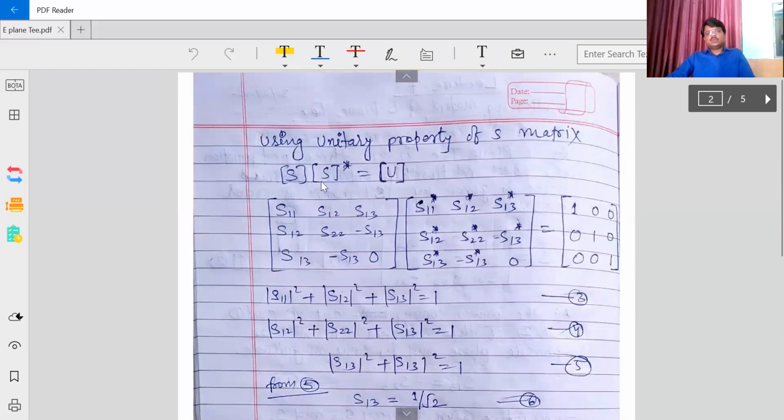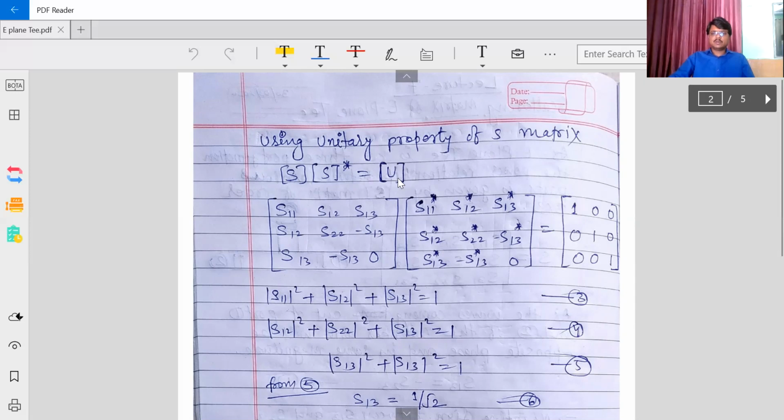Now we will use the unitary property of the S matrix, because this is a symmetric matrix and it will follow the unitary property. Okay, now what is the unitary property? The multiplication of the S matrix with its complex conjugate is a unitary matrix.